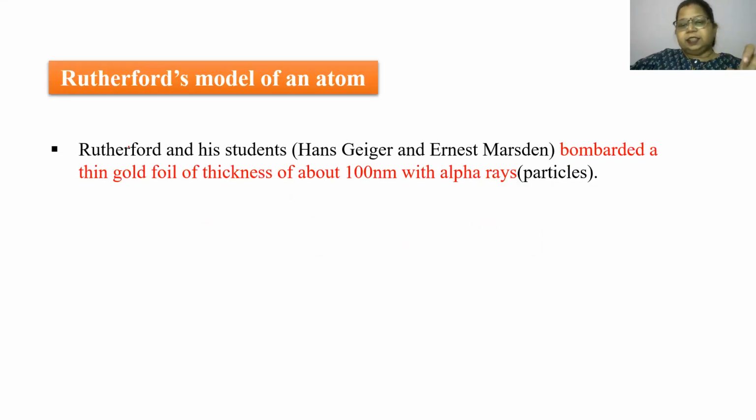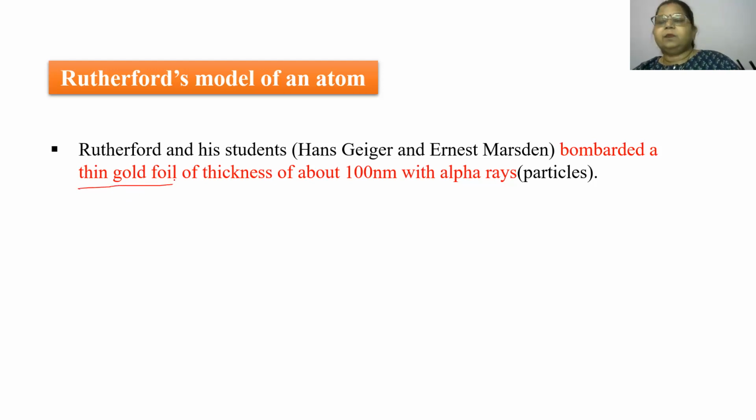See, these are certain details which we miss at times and which are important for a class 11th student. Rutherford conducted his experiment with his students, Geiger and Marsden, and they bombarded the thin gold foil. This is important for you to remember, thin gold foil.